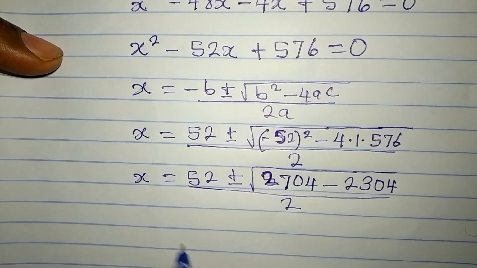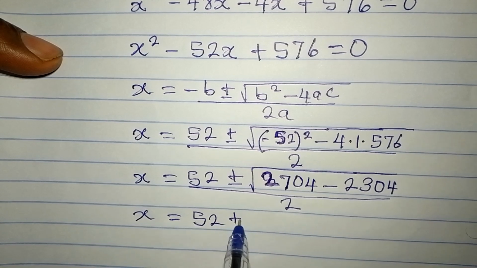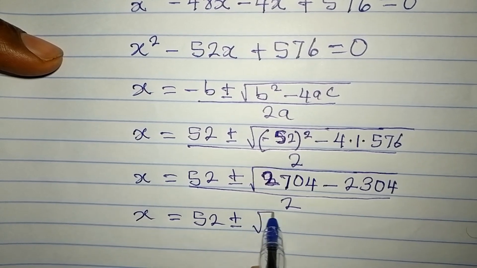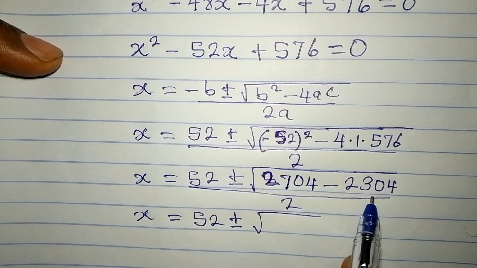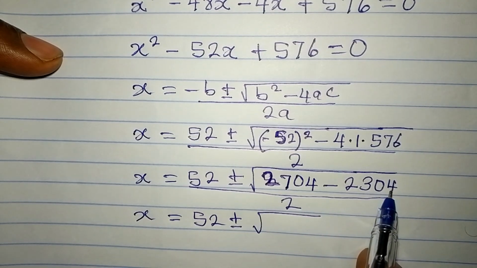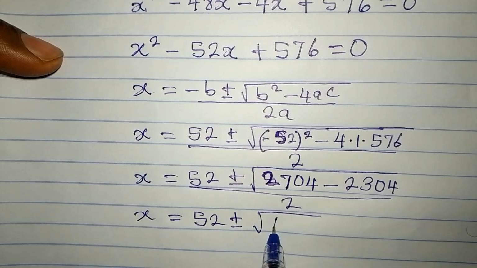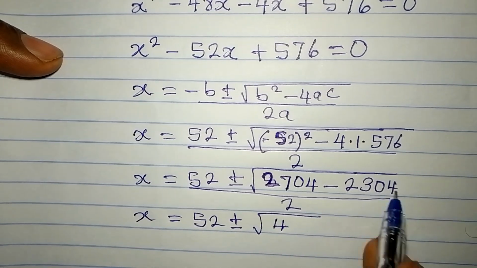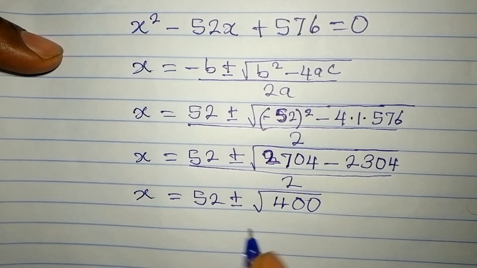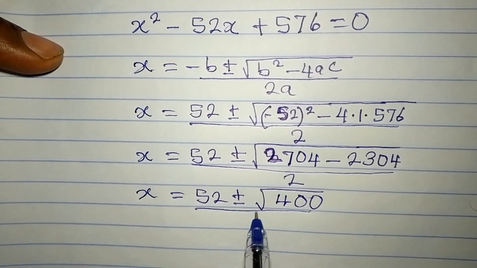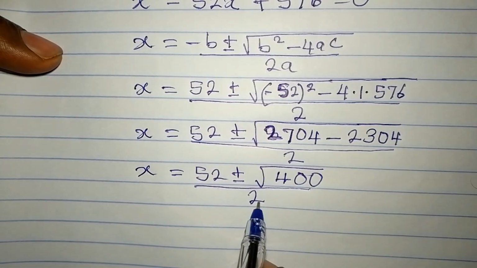From here we have x equal to 52 plus or minus, then open this, 2704 minus 2304. 0 will go with 0, 4 will go with 4, so we have 400 over there. And then this is divided by 2. Now, do not divide 52 by 2 yet.